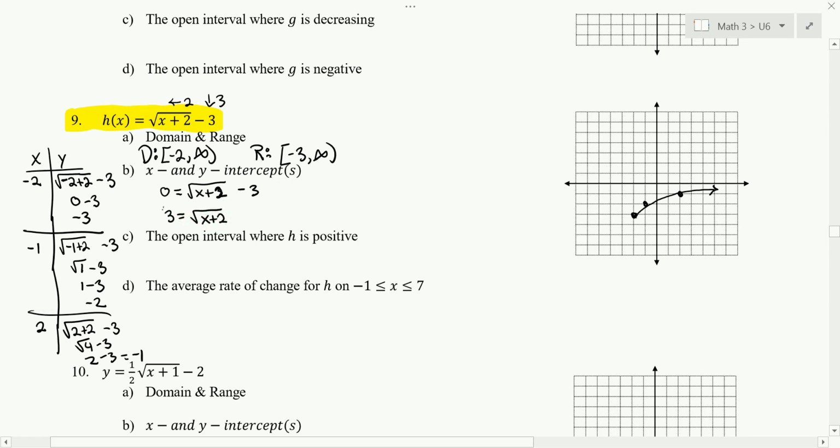Next, to get rid of the square root sign, we square both sides and end up with 9 is equal to x plus 2. And lastly, we subtract 2 from both sides and get an x-intercept at 7. So my x-intercept is the point (7, 0).